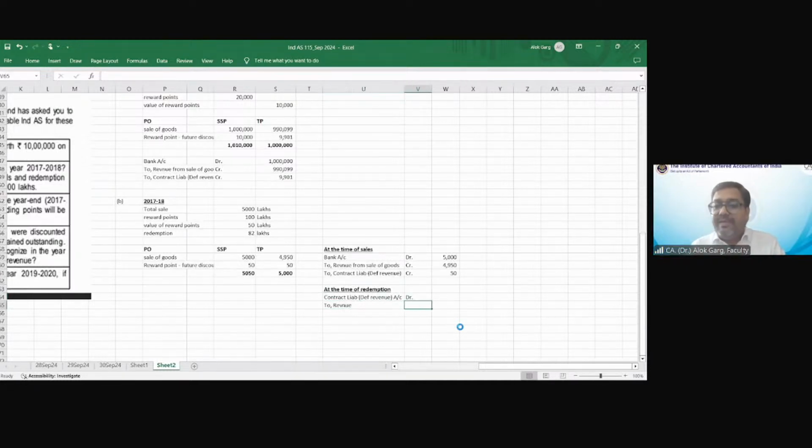Now I need to recognize the revenue, the money has already come. To what extent? 82 lakh redemption is there, multiplied by my fair value at which it has been redeemed, 0.5, that is 41. Okay, so to that extent revenue is required to be recognized. Clear? 18 lakh points are remaining as of now. Is that clear friends, clear or not clear?